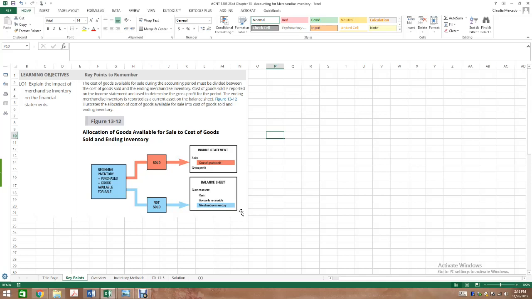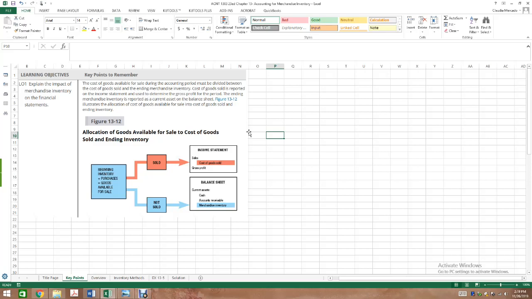So when we're dealing with inventory, we have several factors. The cost of goods available for sale during the accounting period needs to be divided between the cost of goods sold and the ending merchandise inventory. We need to figure out how much you pay for your goods.